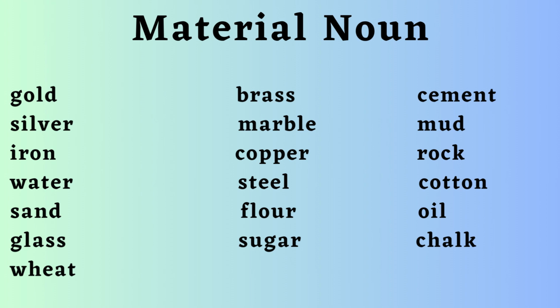It is used in jewelry, coins, and as a material for various high-end products. These examples illustrate how material nouns represent the physical substances or materials that play a crucial role in the creation of objects and products in our daily lives.